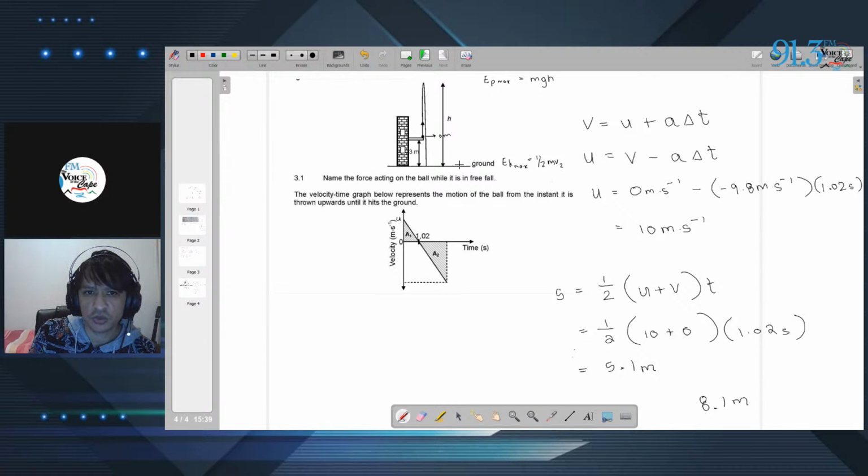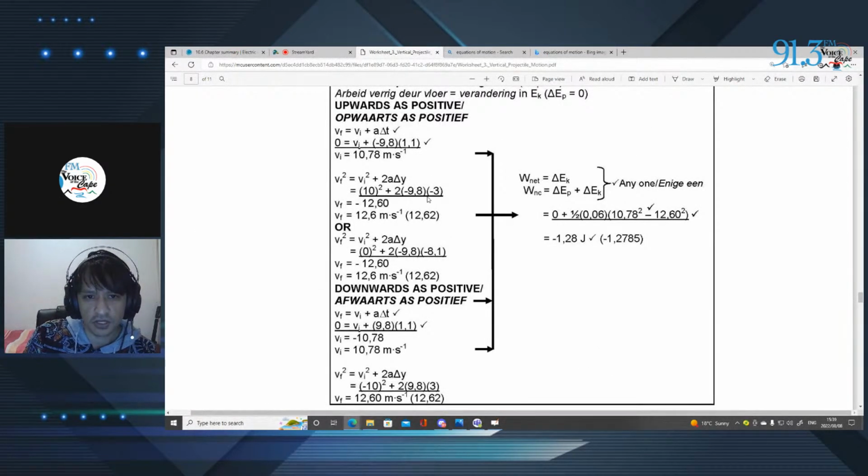And the new starting point is now here on the ground. This is, of course, now going to be negative 3 meters because we are 3 meters below where we originally started with this problem. That's why they're using negative 3 meters in that equation. And then we find that the final velocity is negative 12.60.